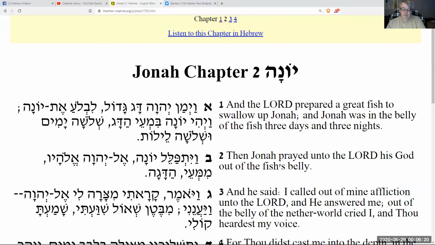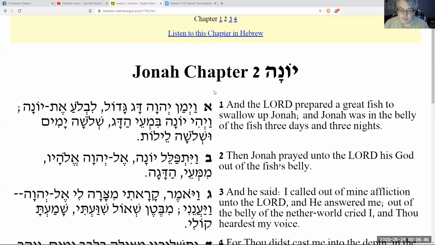So here are some examples for you. Now you may notice when you get into the Hebrew interlinear Bible, sometimes the verse numbers are slightly different. In the King James, this is Jonah chapter 1 verse 17, but in the Hebrew Bible, it's Jonah chapter 2 verse 1. So in the King James, it's the last verse of chapter 1.